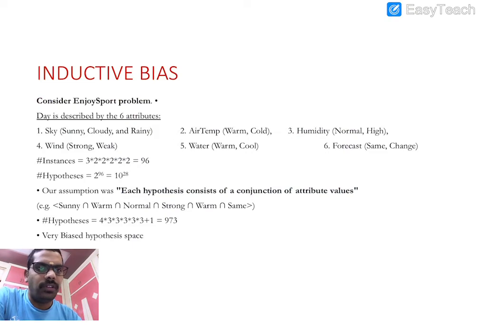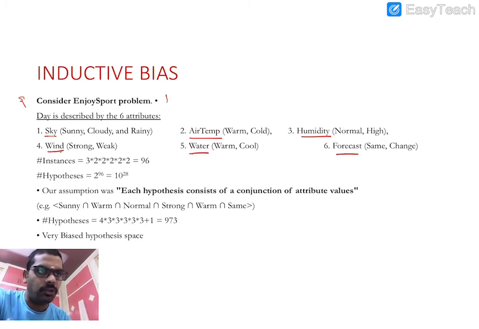Whenever we are going to discuss inductive bias, I am going to consider the same problem which we discussed earlier, that is the enjoy sport problem. In the enjoy sport problem, how many attributes do we consider? There are 6 attributes. What are the 6 attributes? Sky, temperature, humidity, wind, water, forecast.